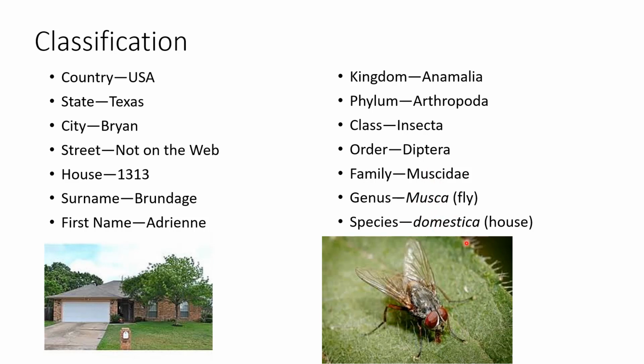The reason we do this is because we often name organisms based on Latin or Greek root words that explain something about them, either their physical form or where they're found, or more recently, people are naming species after famous people or characters.